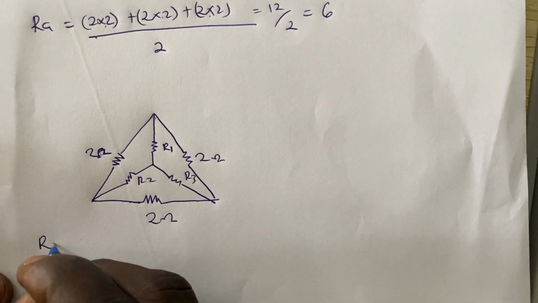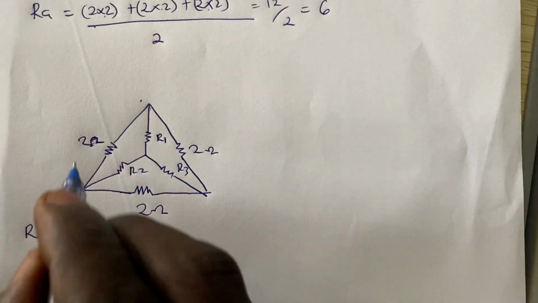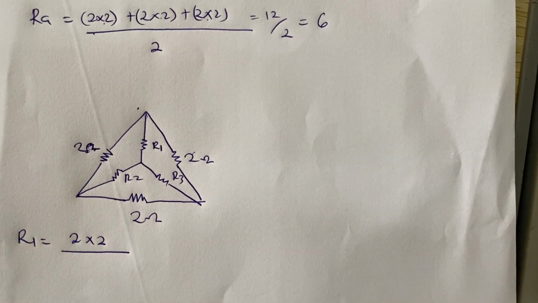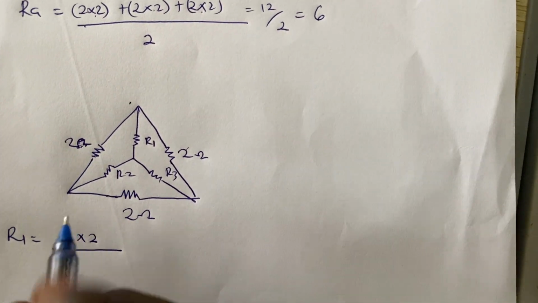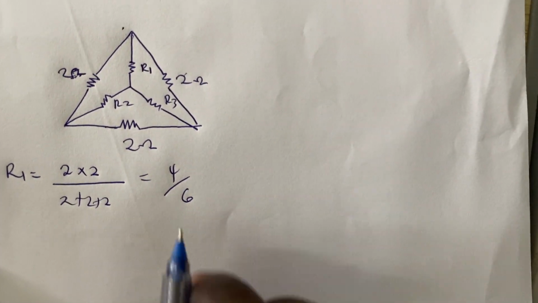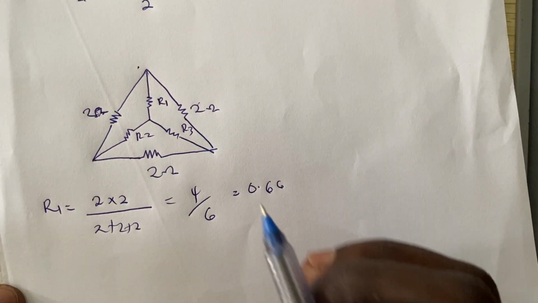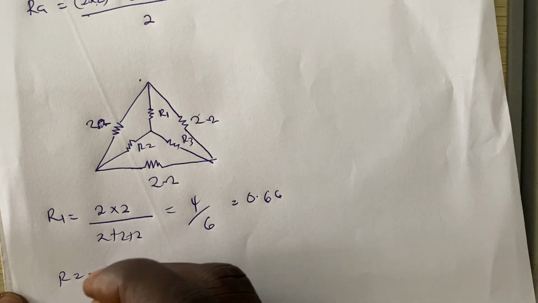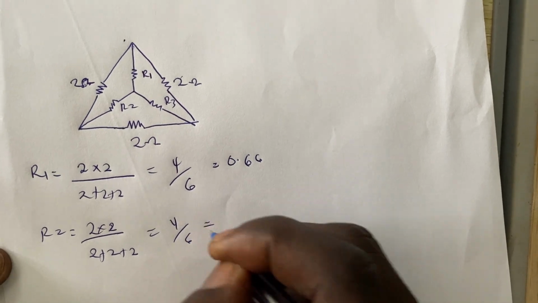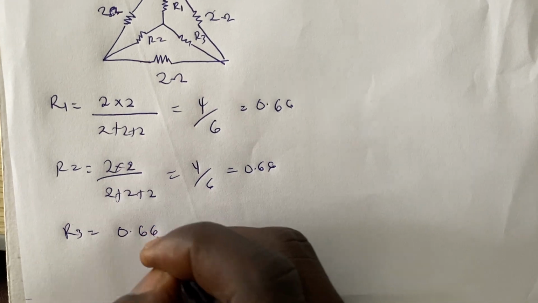To find R1, we know that it is the multiplication of the 2 elements which it finds itself inside, which is these 2. So 2 times 2 divided by the addition of the 3, so 2 plus 2 plus 2, right? Which is going to give us 4 divided by 6, right? And when we divide this, we are going to get 0.66, right? Since the elements are the same, we are going to get the same for R2, which is 2 by 2 over 2 plus 2 plus 2, 4 over 6, and also going to be 0.66. And then R3 is equally going to give us 0.66, right?